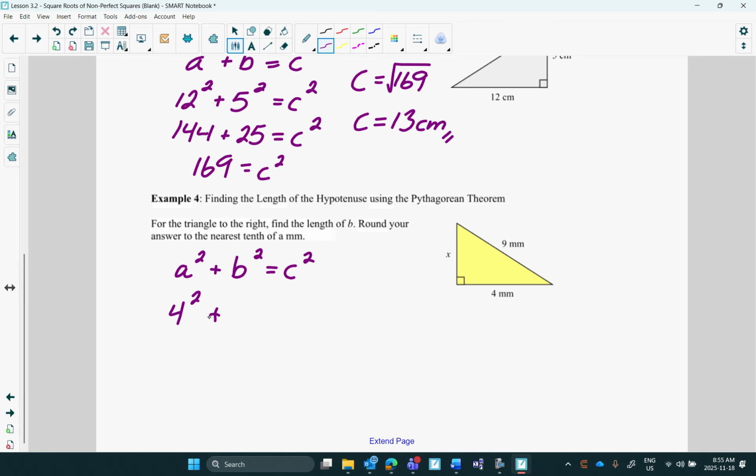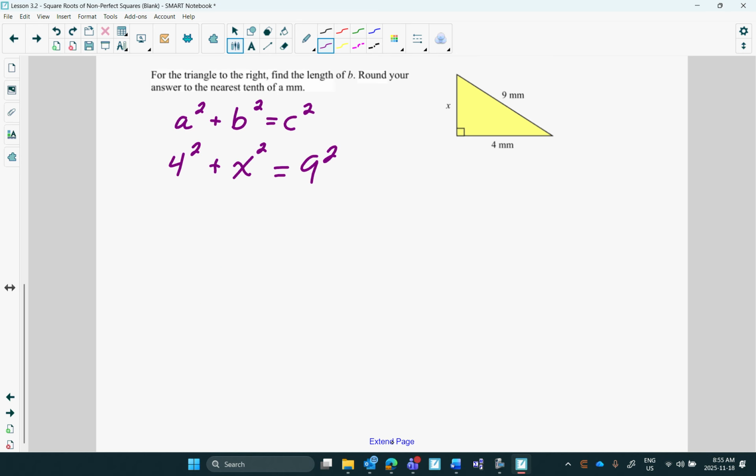It's called X. So don't write B, write X, because that's what the diagram's telling us to do. Which means I must know the hypotenuse. 9 squared. And now we just got to figure out what X squared is. Well, 4 squared plus X squared equals 9 squared, which is 81.